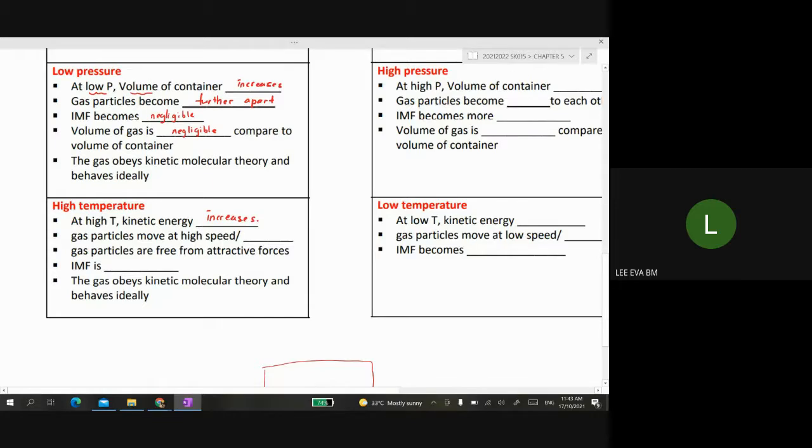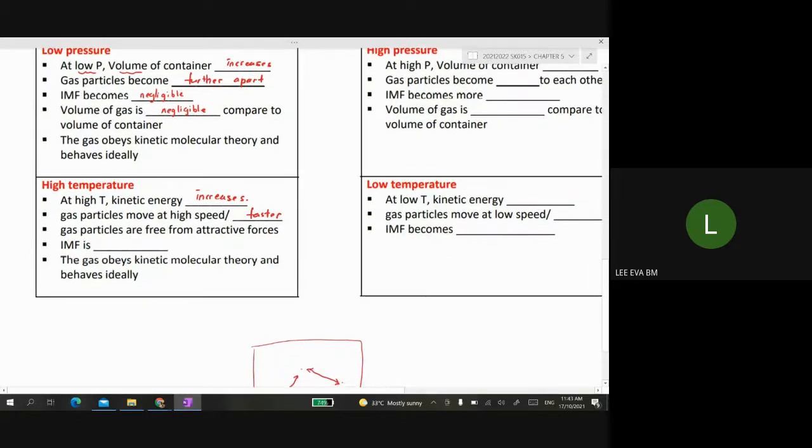So the gas particles will move at high speed, or they will move faster. So gas particles are free from attractive forces, and we can say that the intermolecular forces of these gas particles are negligible.